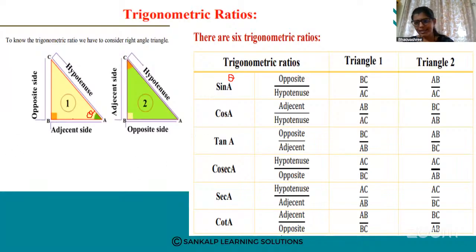Or you can take sin theta. If you take sin theta, there is no confusion. Here theta is there. The first ratio we will call sin theta. Sin theta, S-I-N-E. It is a name we have given to that particular ratio. So here, which sides are we going to compare?